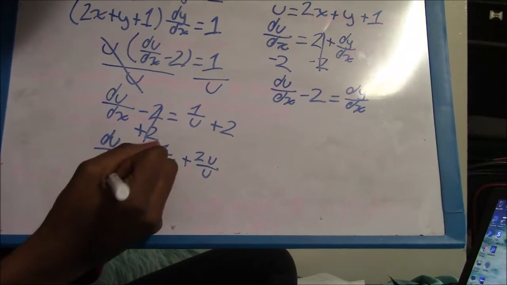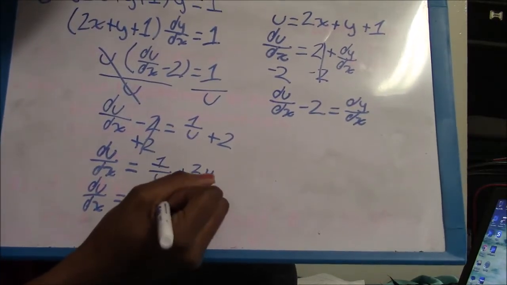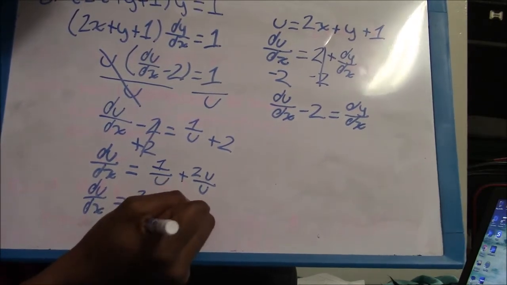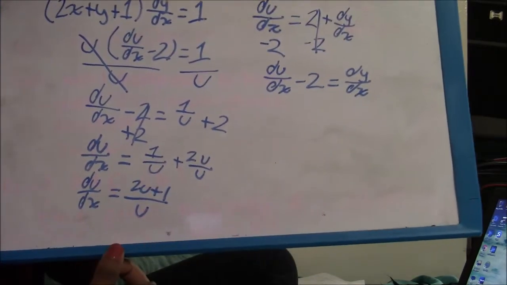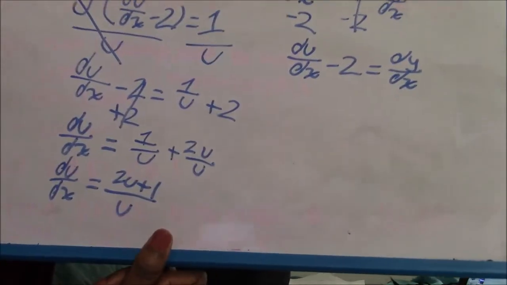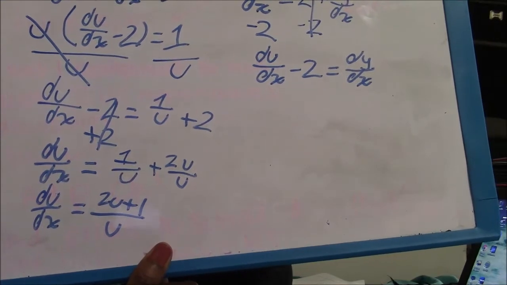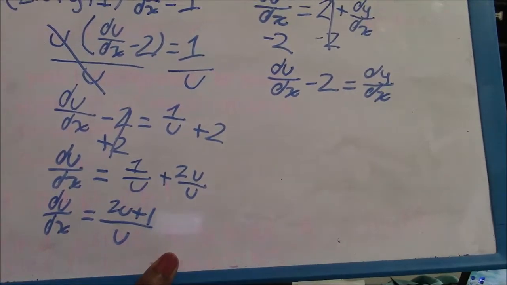So then we have du over dx is equal to 2u plus 1 all over u, because we combine them. So this is basically what we have so far. But we want the u's on the other side, and I'll show you why. Okay, so we end up with this right here.